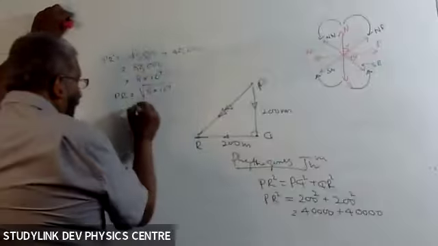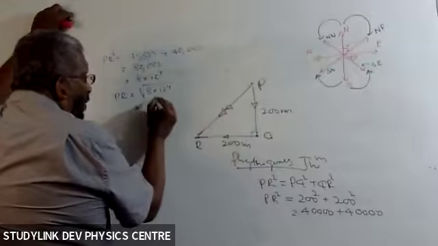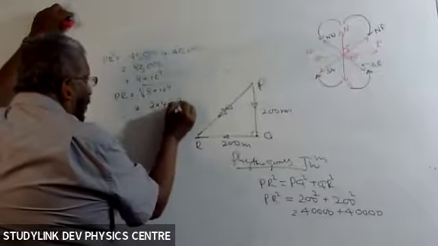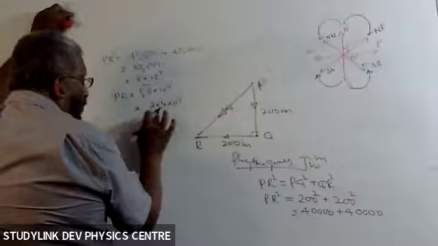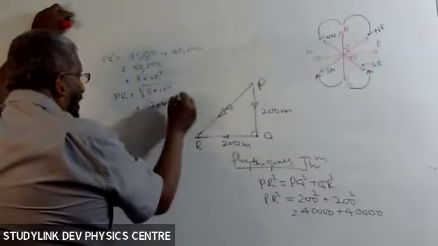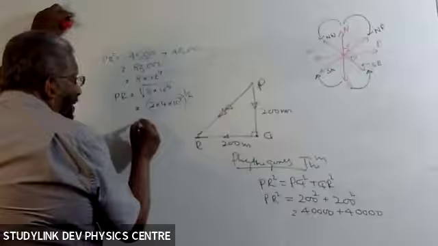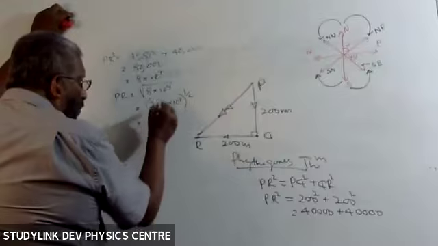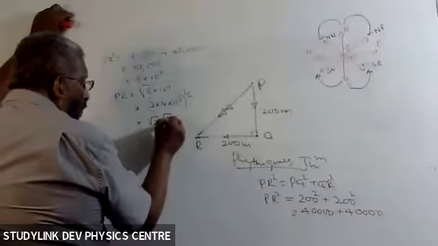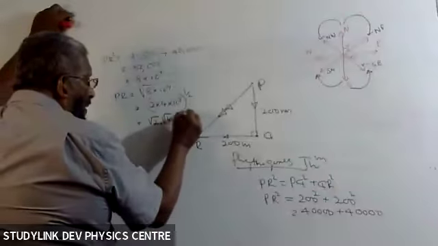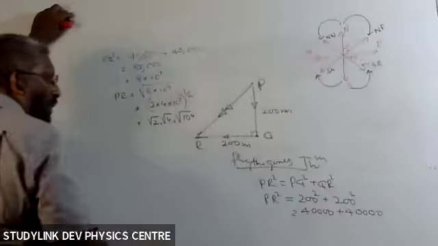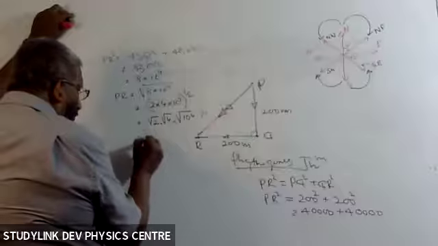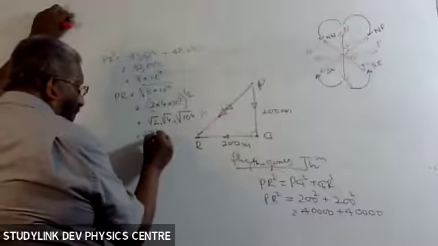Or you can write it as 2 into 4 into 10 to the power 4. 8 is 2 into 4. Then that means square root: this is square root of 2, this is square root of 4, this is square root of 10 to the power 4. But there is no need to write like this. Square root of 2 we don't know how to say at once.